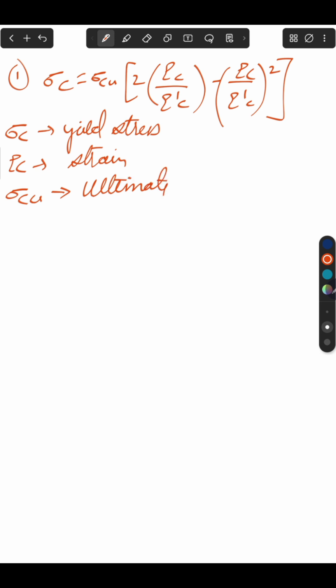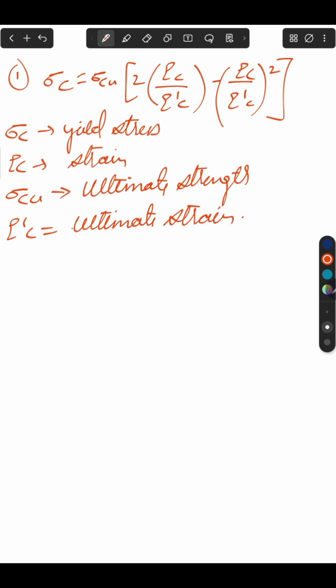We get this strength from our lab data, the ultimate strength of concrete, and epsilon dash c is the strain at ultimate strength. This was given in this paper.